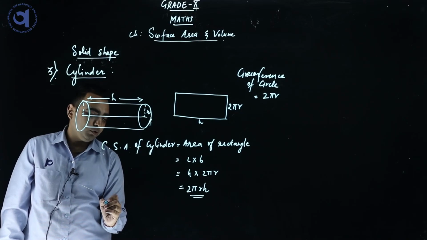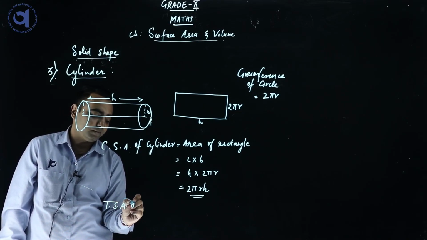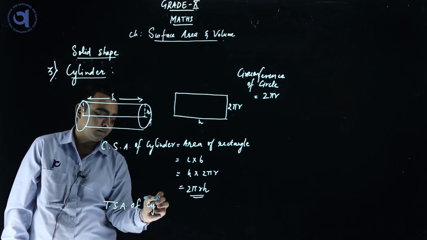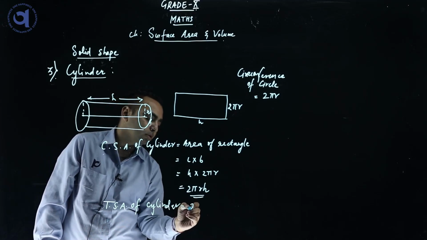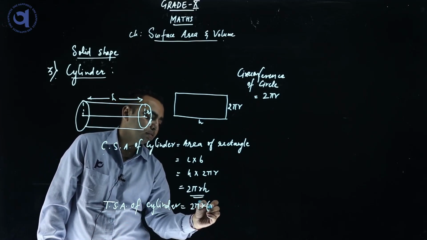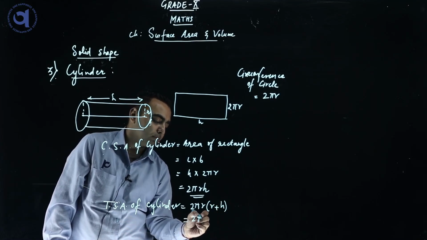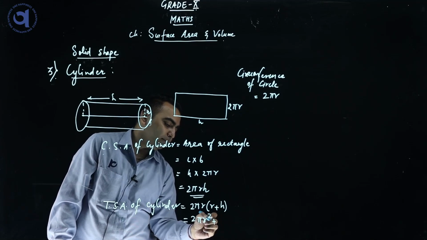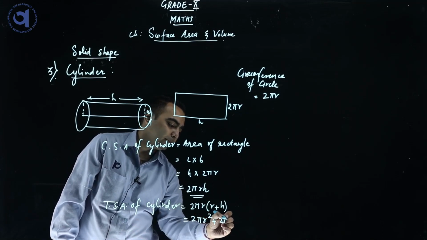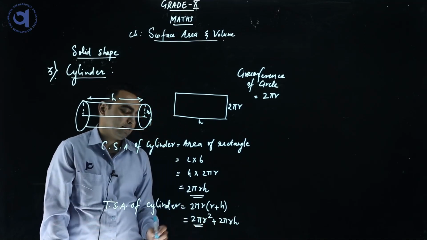Now if I want to find the total surface area of the cylinder, that will be 2 pi r (r plus h). Now if we expand this, it will be 2 pi r square plus 2 pi r h. Now how did this 2 pi r square come?